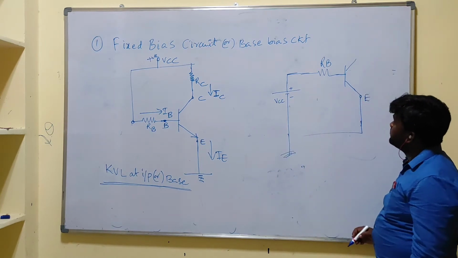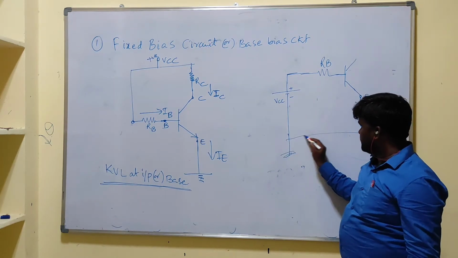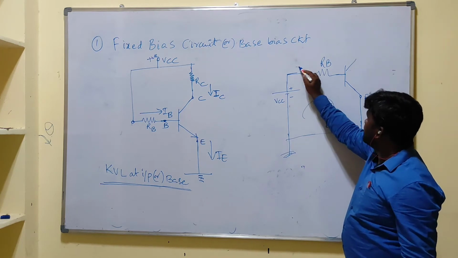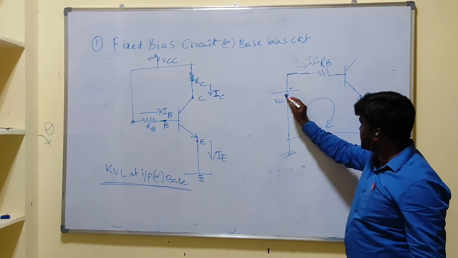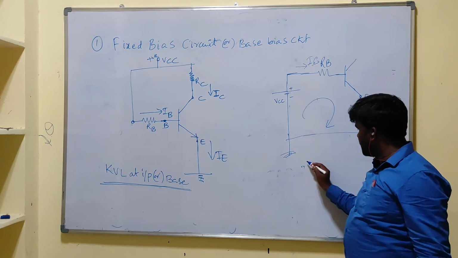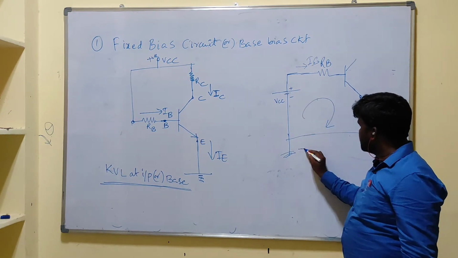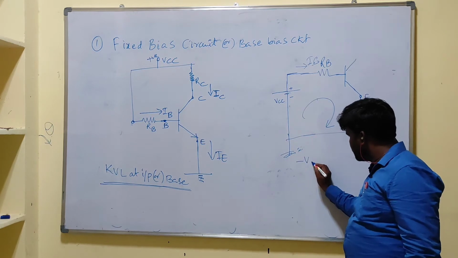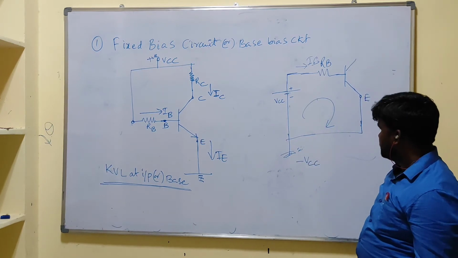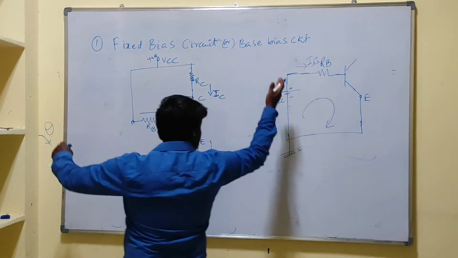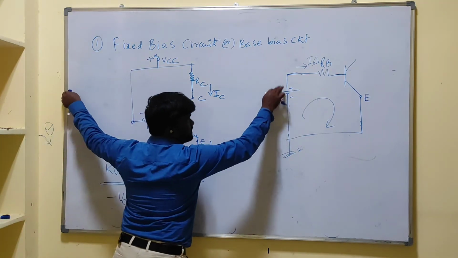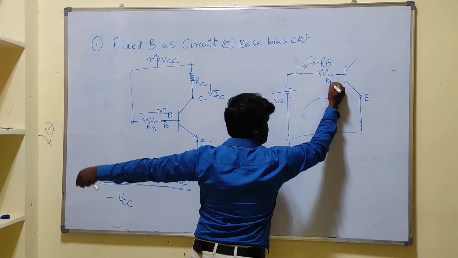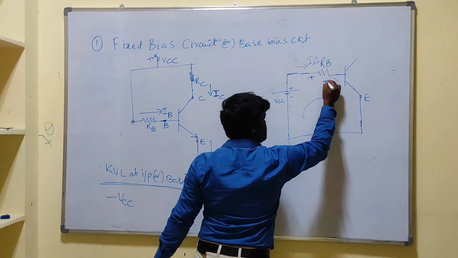Now apply KVL in this loop. We have the current IB. Let us take KVL in this direction, taking polarity like this. Minus VCC first, and here we have resistor RB with polarity plus, minus.